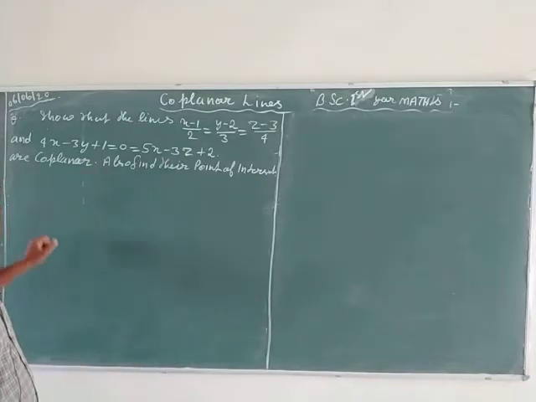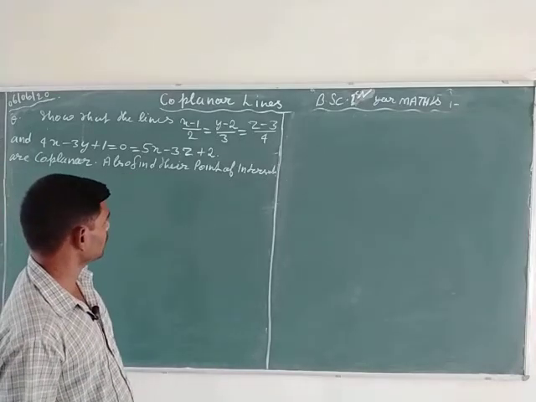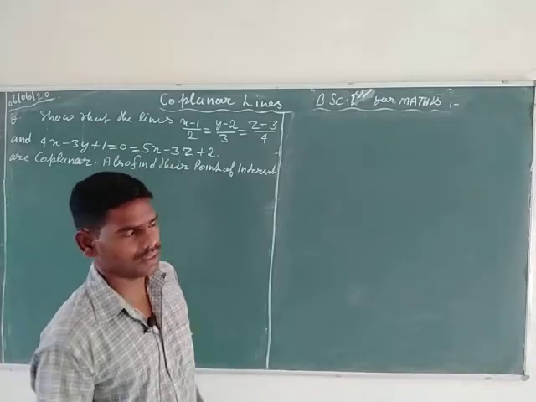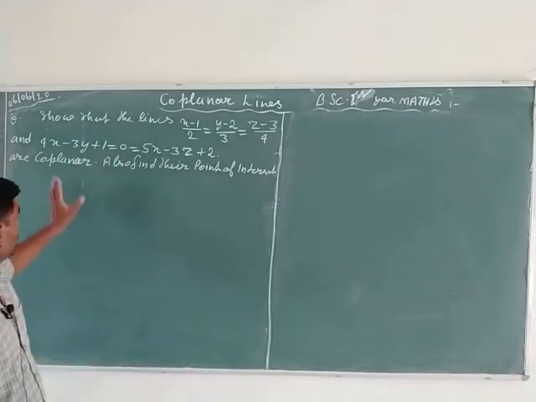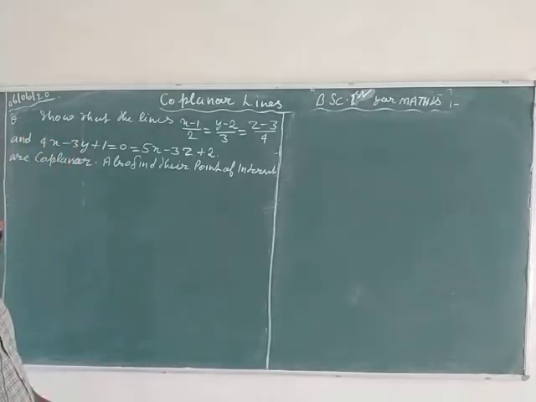Our question is to prove that these two lines are coplanar, meaning intersecting each other, and the second part of the question is to find their point of intersection, meaning the coordinates of the intersecting point.